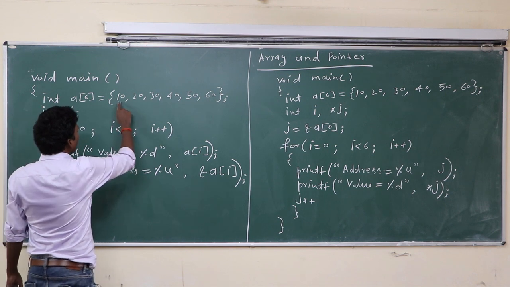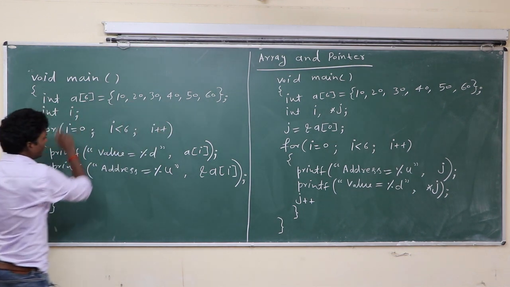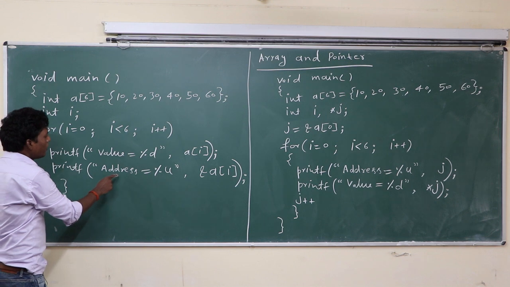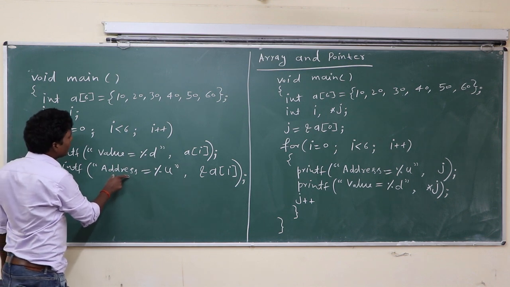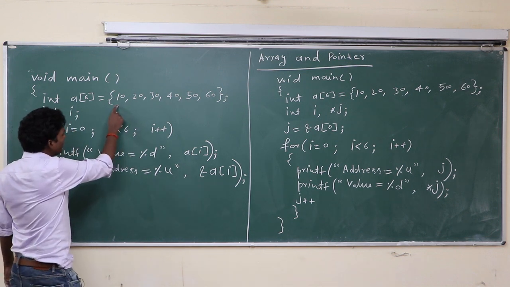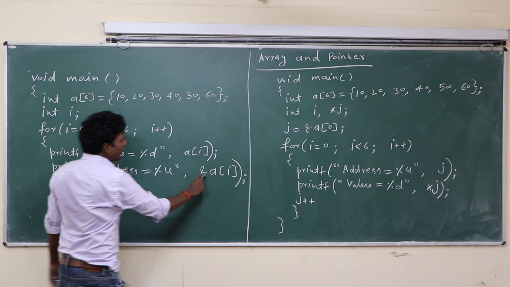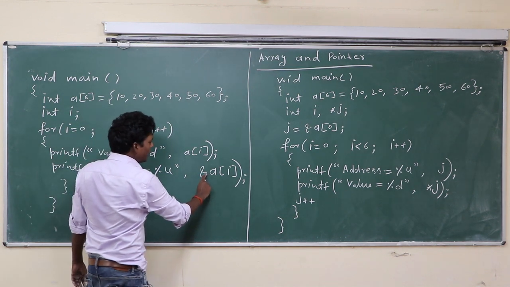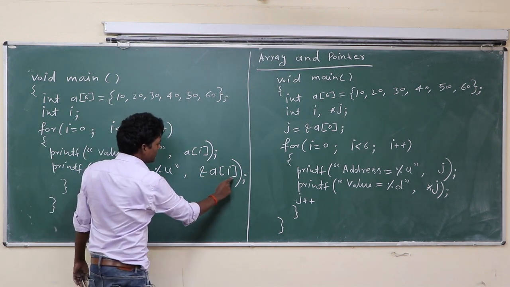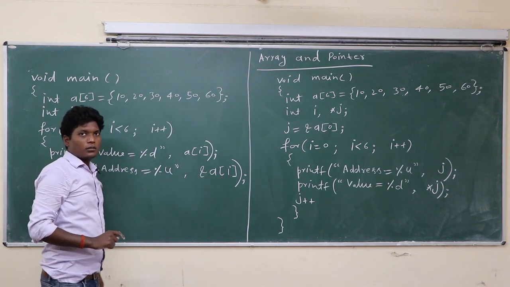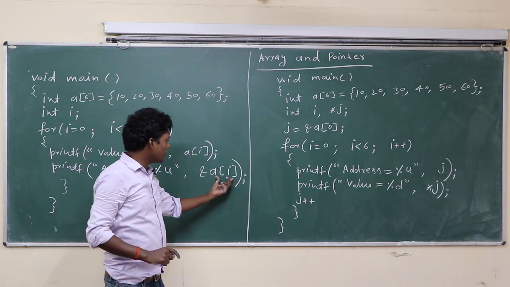prints all the elements of array A, and the second printf prints the address of each element of the array. So here ampersand gives the address of this. Okay, ampersand gives the address of this.